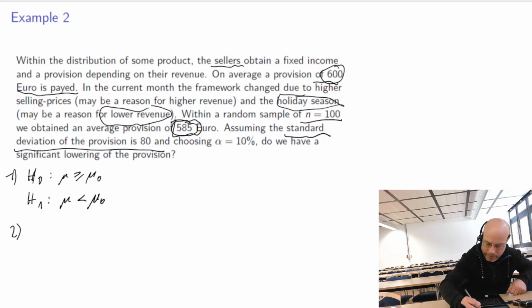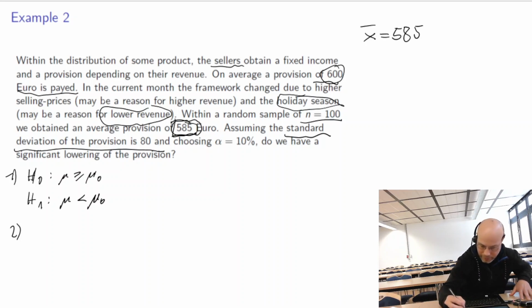X bar is 585. Let's take this here. X bar 585. Sigma hat equals 80. N equals 100. Then standard normal distribution.